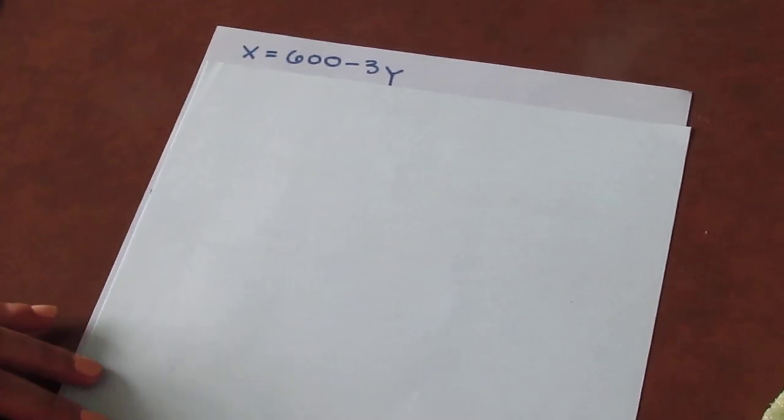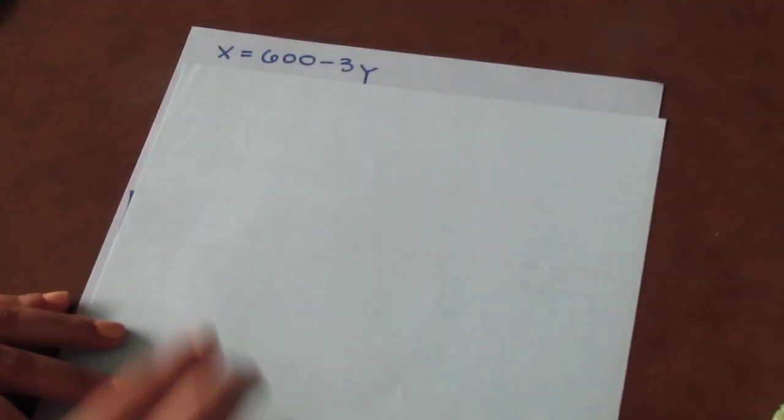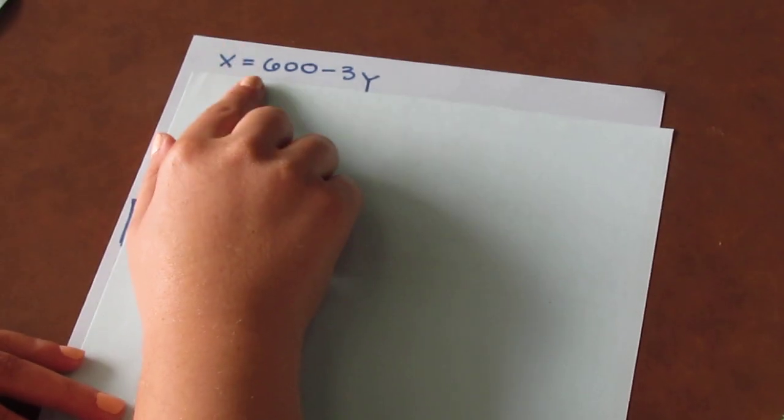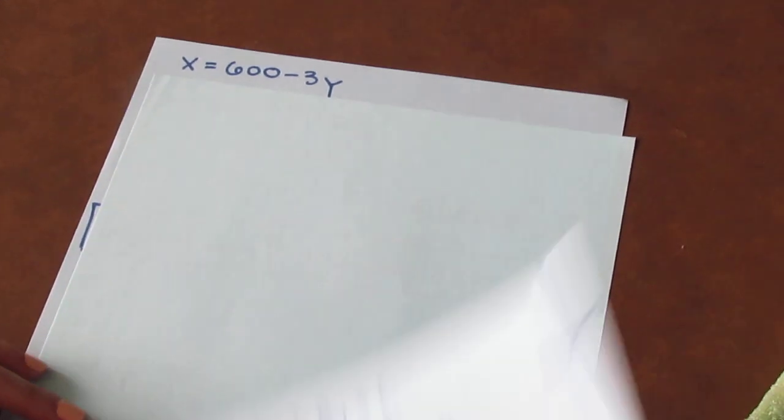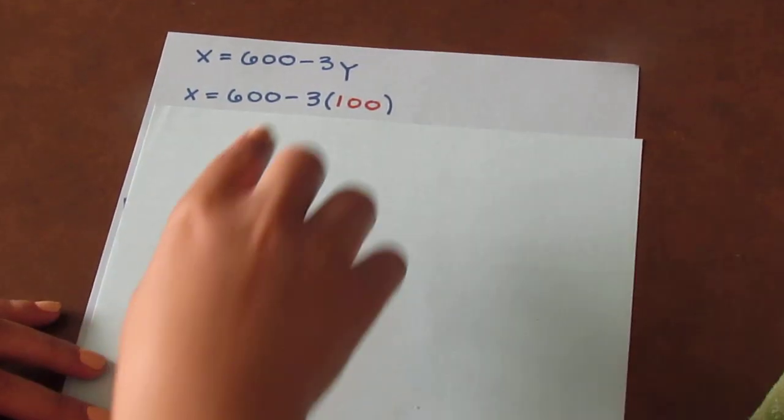So from our y dimension, we can use that value of 100 yards to plug into our x equation, which we solved for earlier from getting x alone. So from this, we just plug in our y, which was 100 yards.